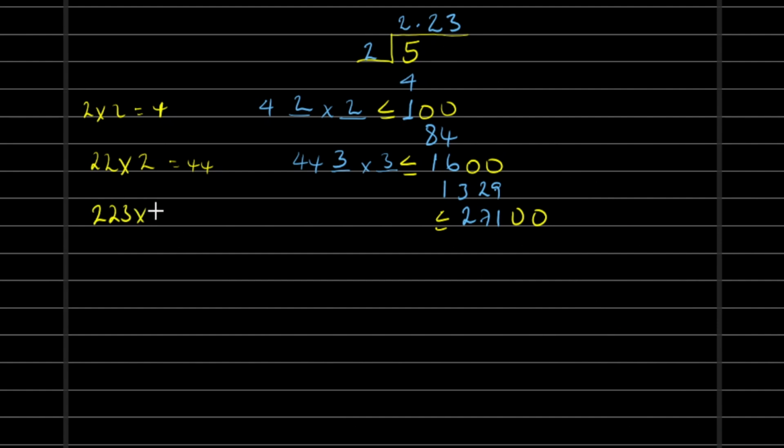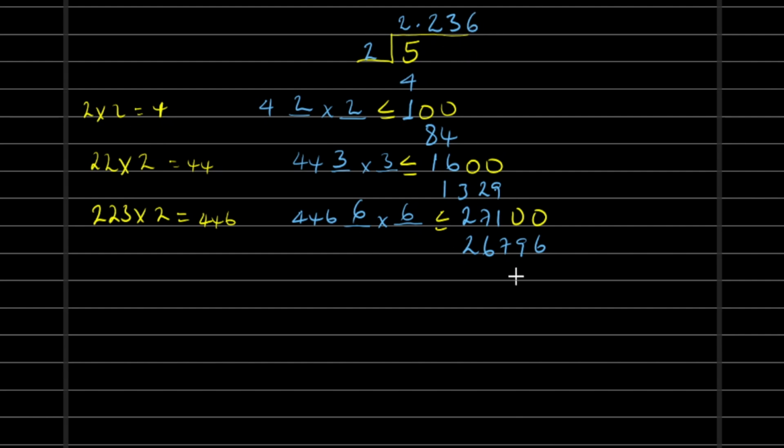Double 223, which equals 446. So when we insert a digit in front of 446 and multiply by this digit again, this number must be less than 27,100. So this number is 6. Now when we multiply 4,466 by 6, we get 26,796. Now the third digit is 6.